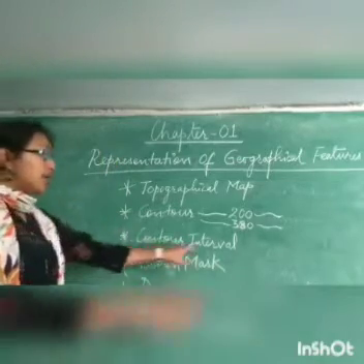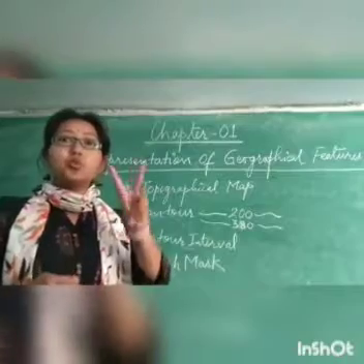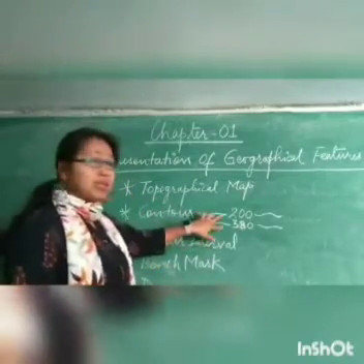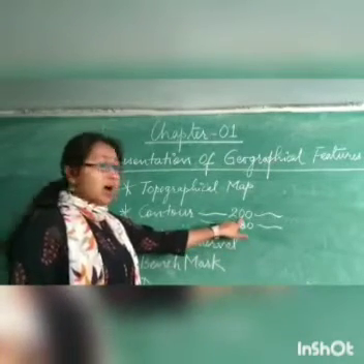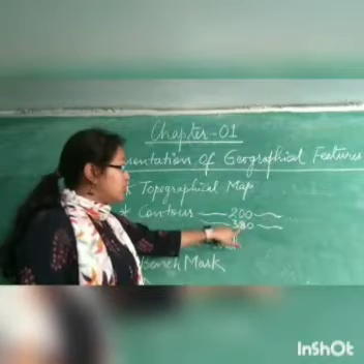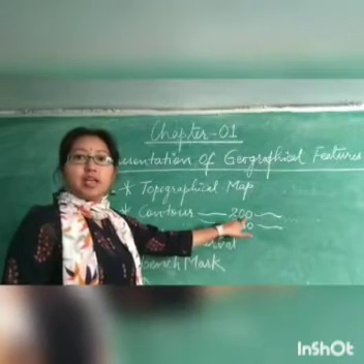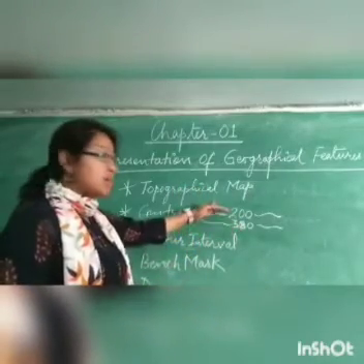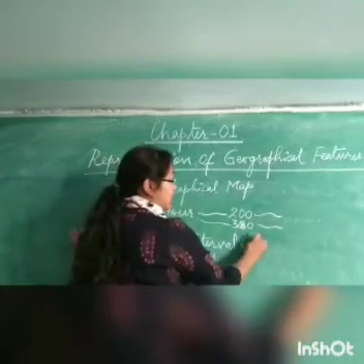Now contour interval. So what is contour interval? Interval is a gap between two contour heights or two contour lines. Here I have given you an example, 380 meter and above it there is 200 meter. So what is the contour interval? Generally it is written as CI.